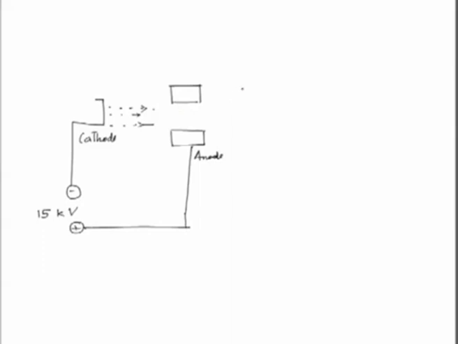However, there will be a system of electromagnetic lenses placed on the path of these moving electrons in such a way that this beam of electrons will be focused at a particular point.